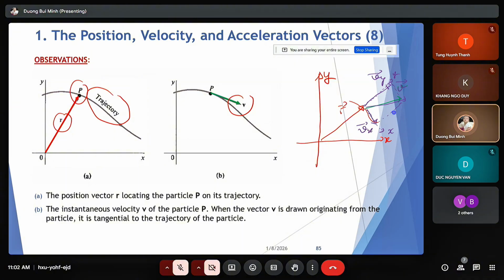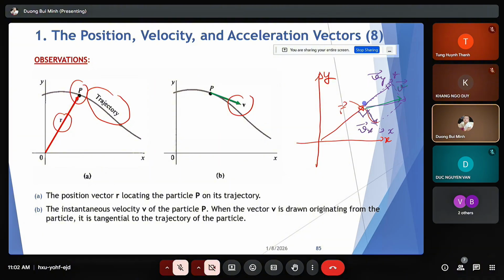Any vector v we can decompose into a combination of v_x and v_y. So v_x is perpendicular to r, and v_y is parallel with vector r.